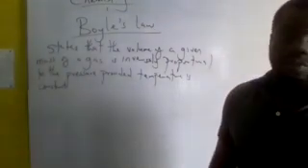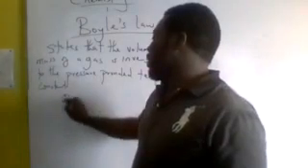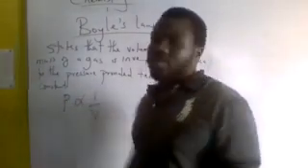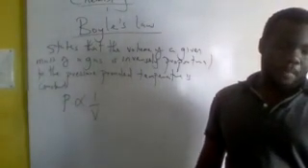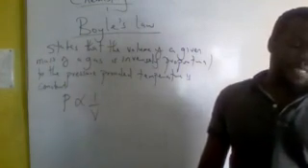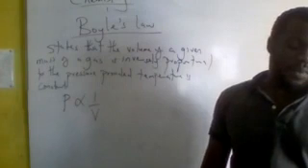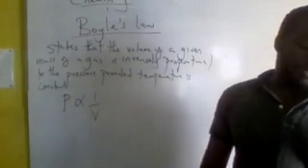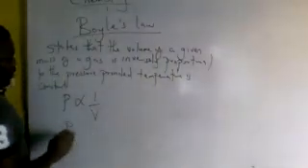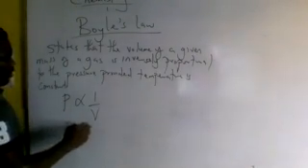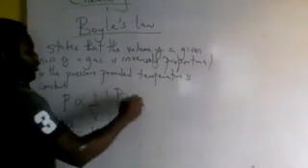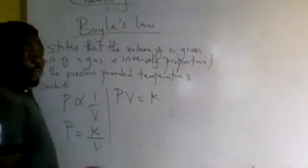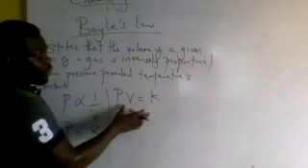So mathematically, what we are saying is that P is inversely proportional to V. And because of that, if we introduce the constant, P is equal to K over V. So by the time we collapse it, PV is equal to K.